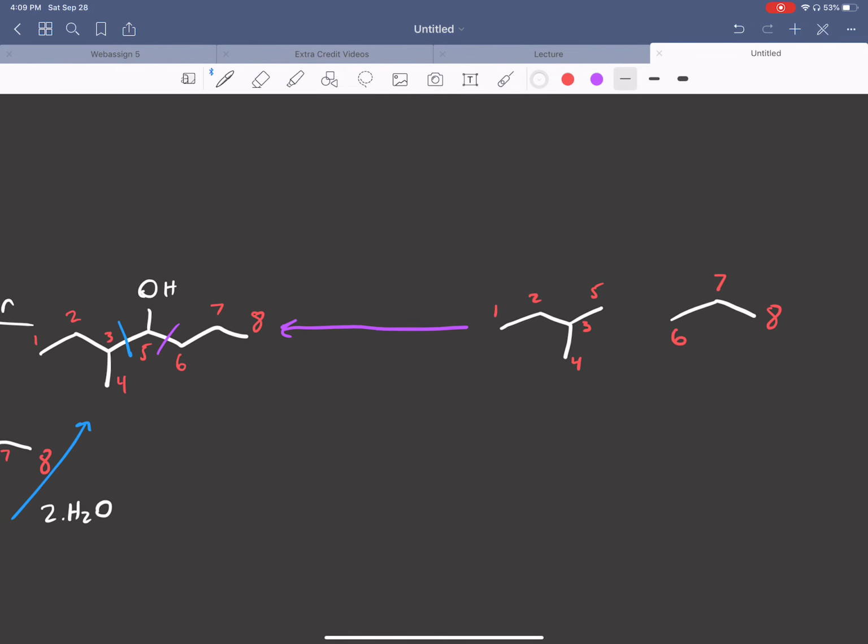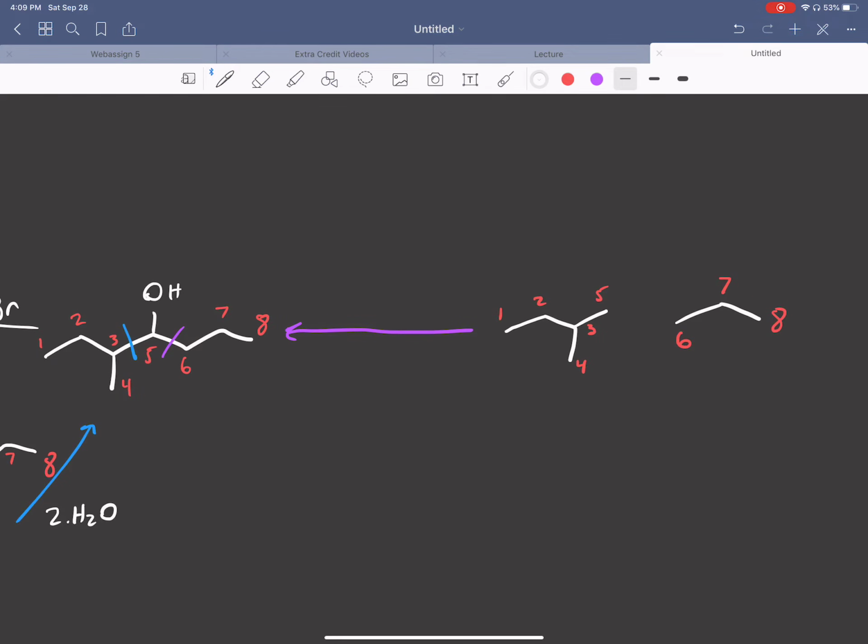Remember, we cut the 5, 6 bond, so 5 and 6 should be separated. The carbon that had the OH, which was carbon 5, becomes a carbonyl now. I'm going to erase the H, draw a carbon double bond, and it had an H over there.